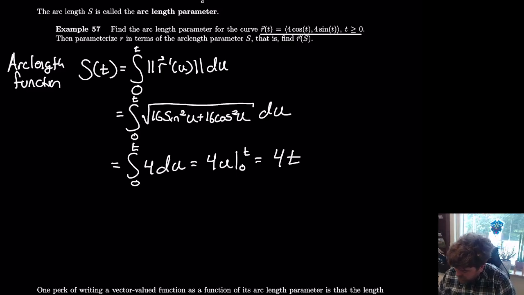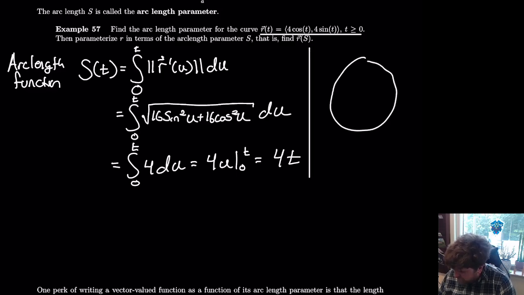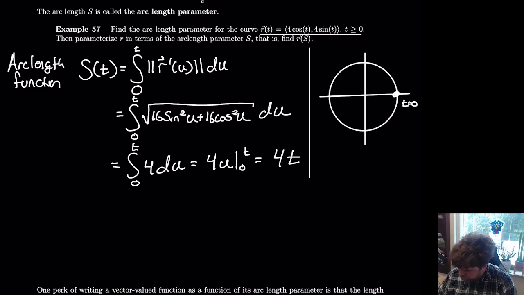So we've got ourselves an arc length function, right? So what this means is, if we look at our curve, it's just a circle that starts at the point 4, 0 and travels in a counterclockwise direction. So if I said, let's think about the point corresponding to t equals pi over 2. Well, when t is pi over 2, we'll be at the point 0, 4.